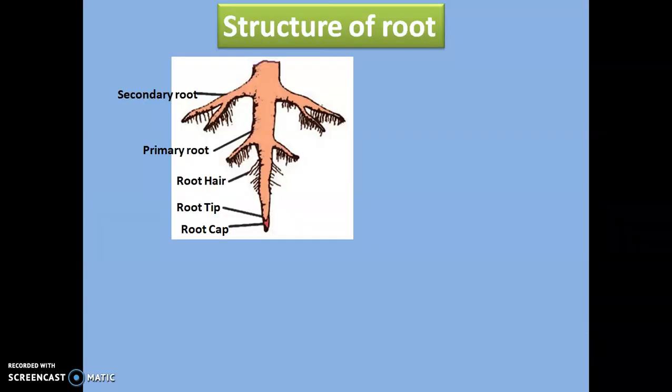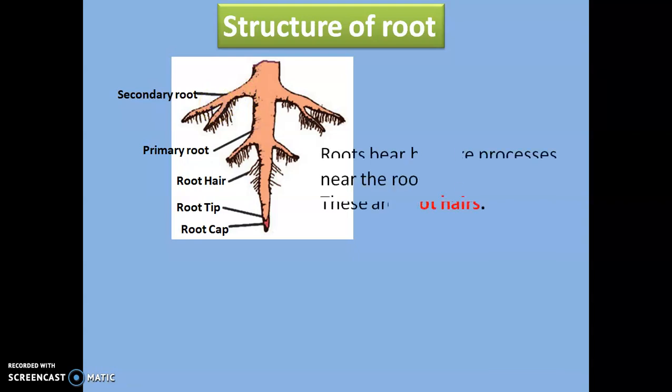Now coming to the structure of the root. As you can see from the diagram, the primary root, the main root and the secondary root I already explained to you. Now let's see about some more parts. Root bears hair-like processes near the root tip. These are root hair. See here, you can see hair-like structures.